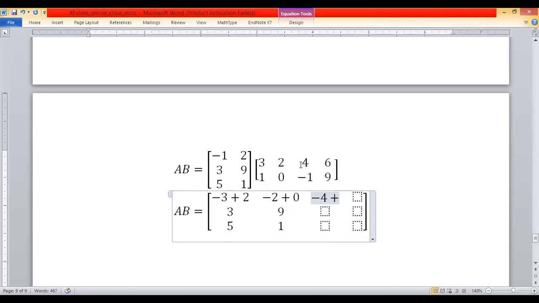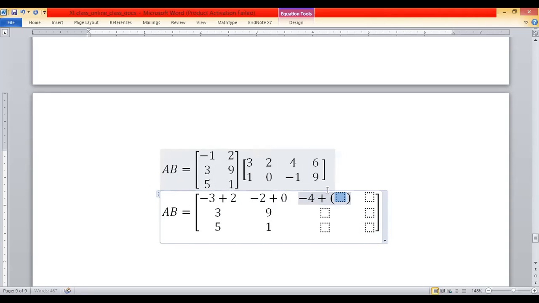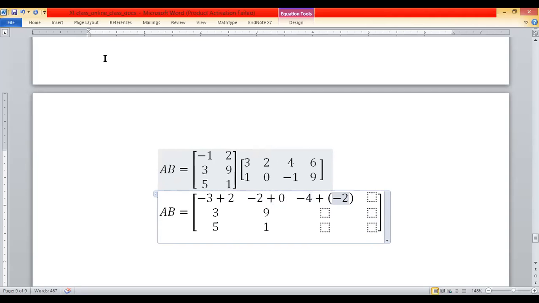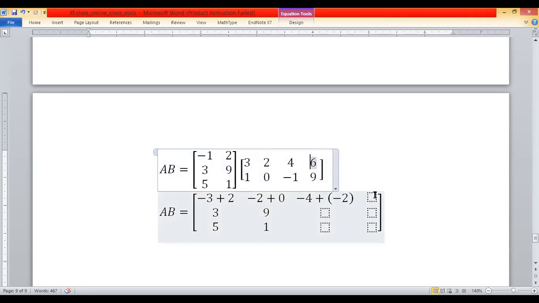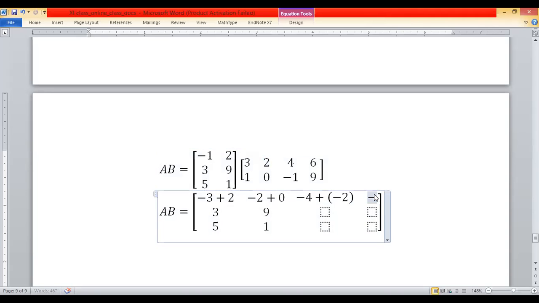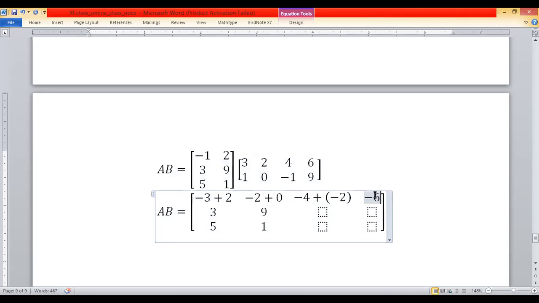Then add 2 times minus 1 is minus 2. So you can write here minus 2. Then minus 1 times 6 is minus 6. And 2 times 9 is 18.